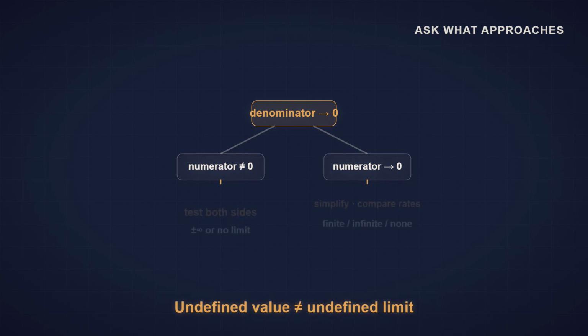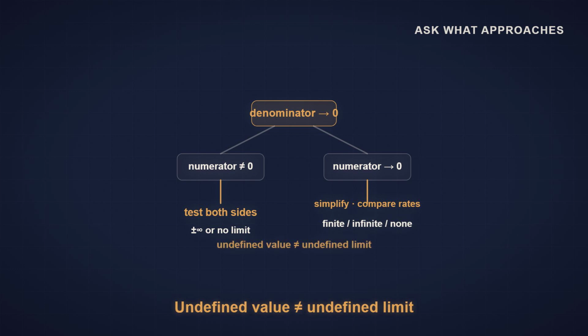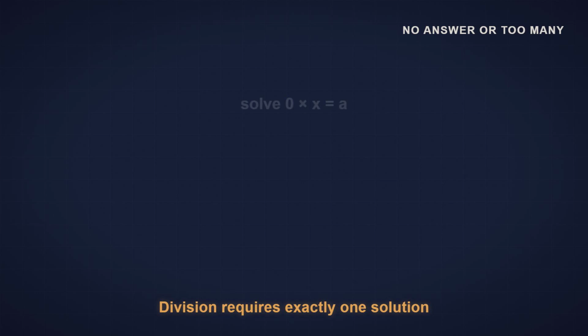Different hidden rates can create entirely different limiting answers. Only then take the limit. This decision tree separates 3 ideas people often blend together: an undefined value, an infinite trend, and a finite limit through a removable hole.